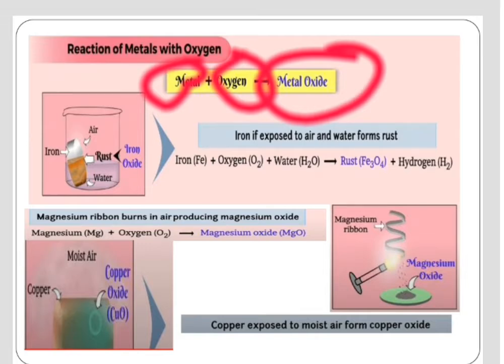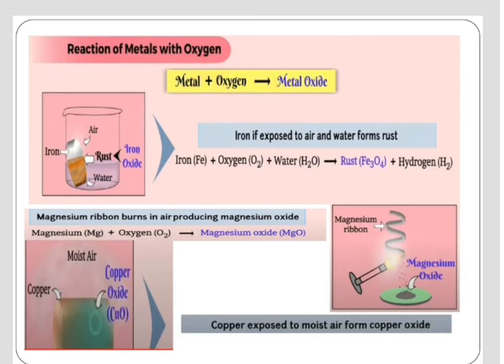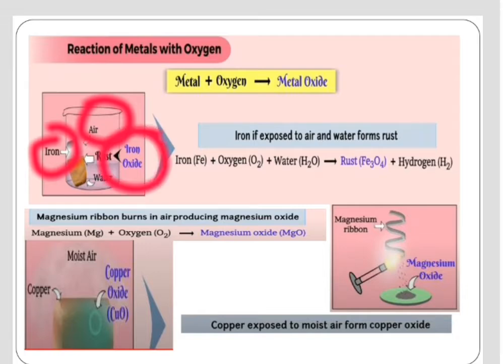Example: iron exposed to air and water forms iron oxide.